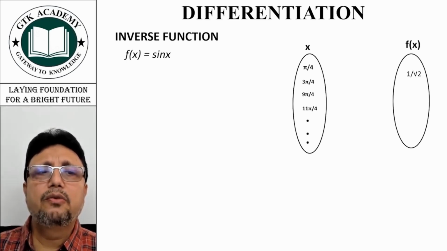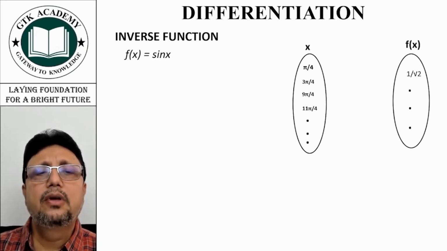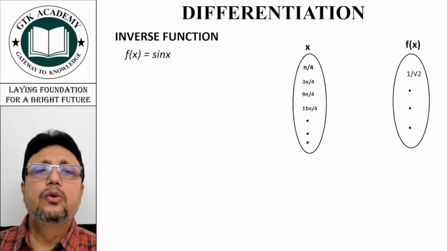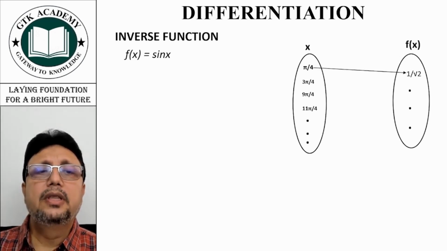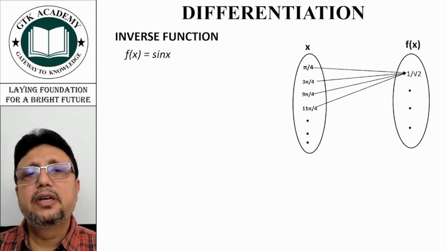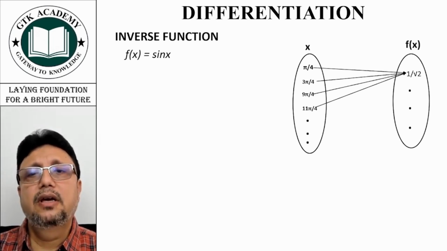I take only one value, say 1 upon root 2. Now all these values of x, whether it is pi by 4, 3 pi by 4, 9 pi by 4, or 11 pi by 4, they all will be mapped to 1 upon root 2. And these are only four cases which I have depicted here. There will be infinite cases.